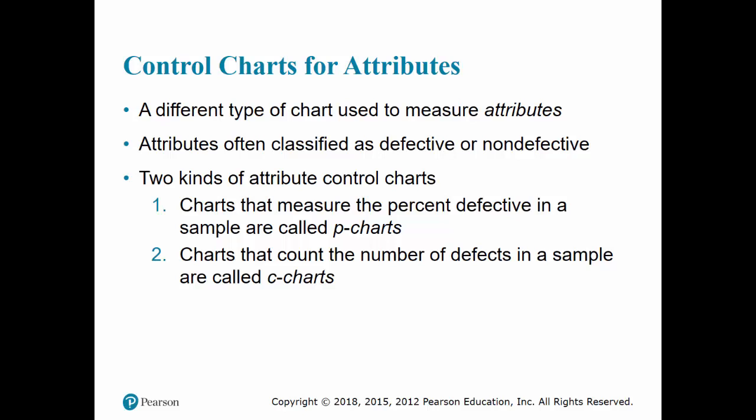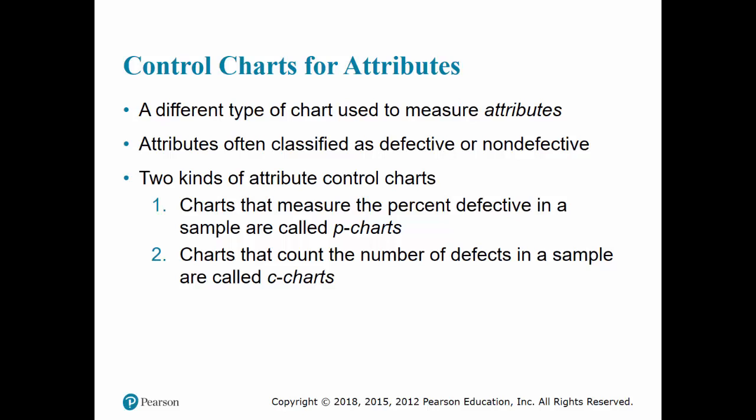With a C chart, the C stands for count, and that would be the number of defects. Say you take a part and see how many defects there are. You take a document and see how many typos there are. Or you take a 100-yard carpet and count how many defects there are in the carpet.